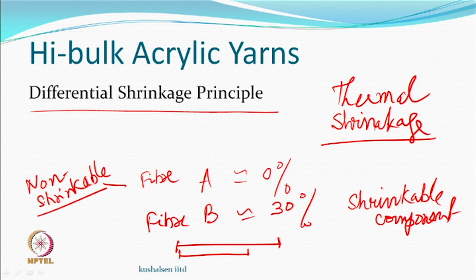So, it cannot shrink. So, what will it do in a compact situation in which every fiber is entangled? It will crimp, it will bend, it will make loops to accommodate itself. So, it cannot say independently that I remain as long as I was before. Theoretically yes, the length of the fiber will remain the same.